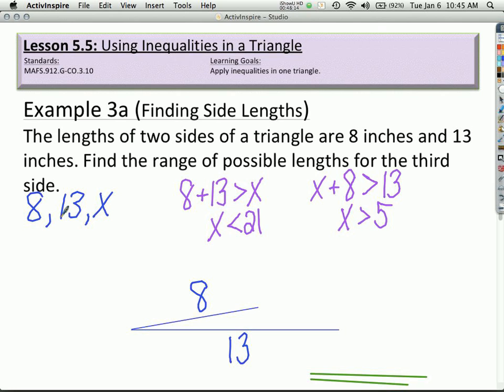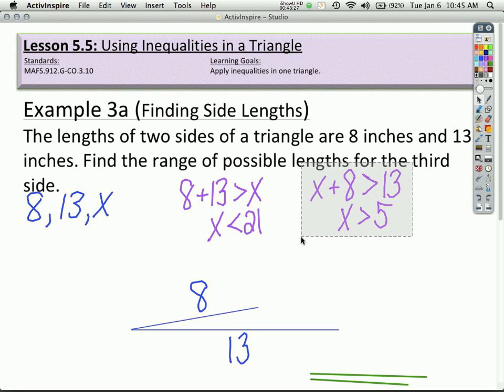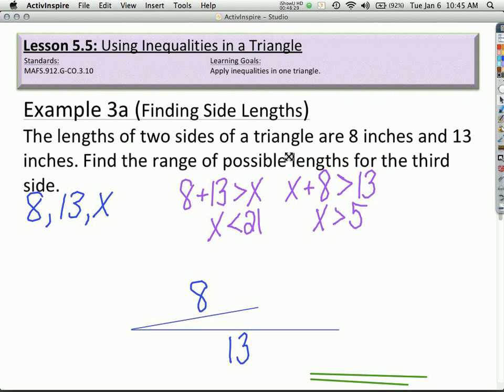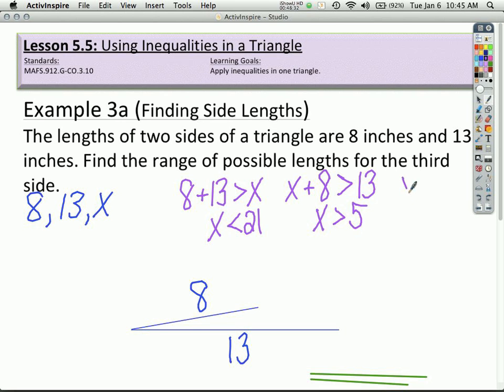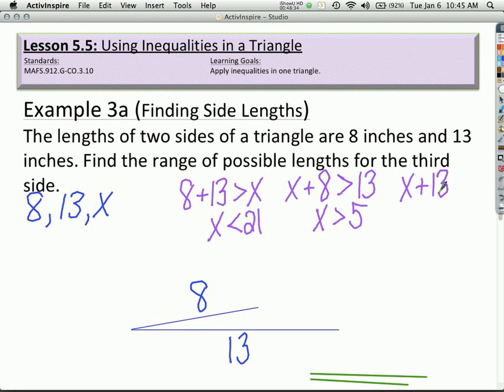Well, what's the one statement that we haven't done yet? Yeah, the x plus 13. So if we do x plus 13, I didn't leave myself enough space. Let me just move this over. So if we do x plus 13, that has to be greater than the 8.